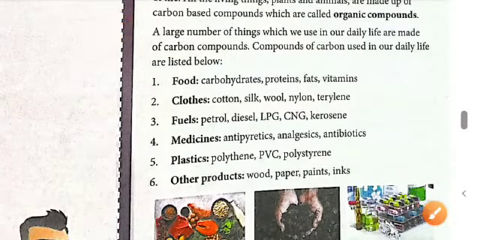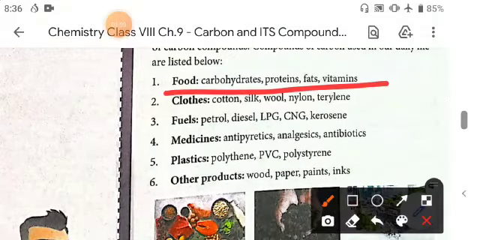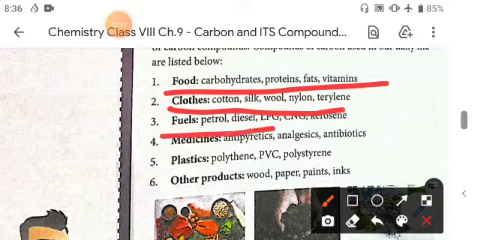In food, carbohydrates, proteins, fats and vitamins are carbon compounds. In clothes, cotton, silk, wool, nylon, terylene are also carbon compounds. Fuels like diesel, petrol, LPG, CNG, kerosene are also made up of carbon compounds. In medicine, antipyretics, analgesics, antibiotics are all carbon compounds.